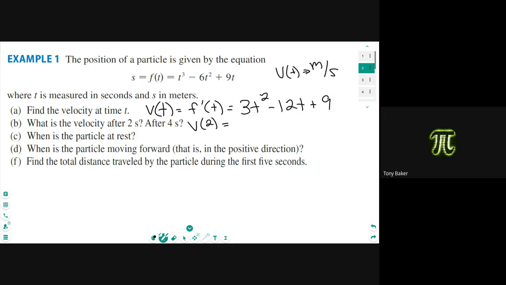So what's the velocity after 2 seconds? What was it? -8?